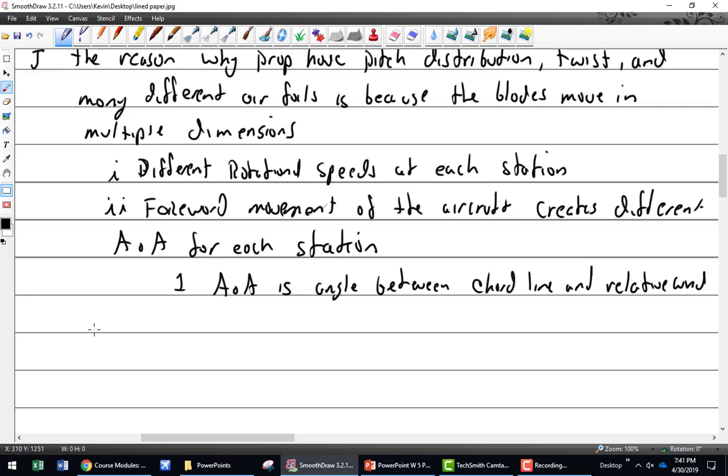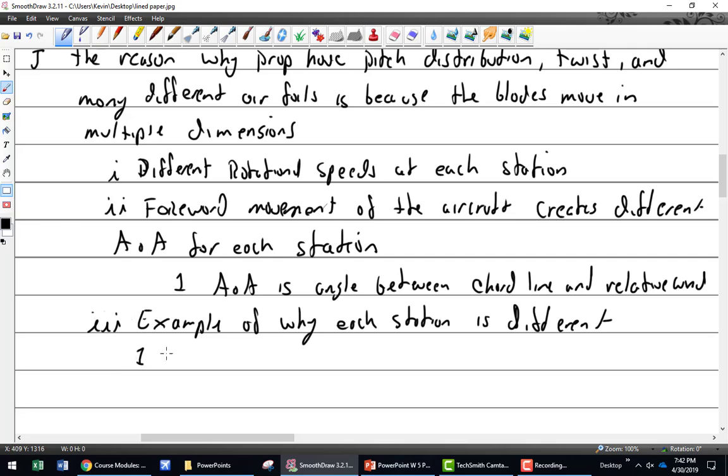Let's do this one then. 1, 2, 3. Example of why each station is different. One, the ideal angle of attack on a blade is, anyone want to guess? 2 to 4.